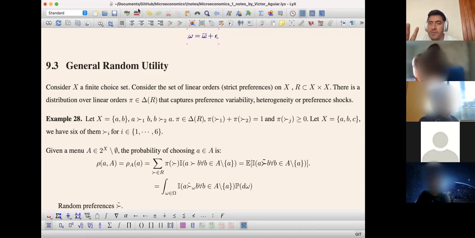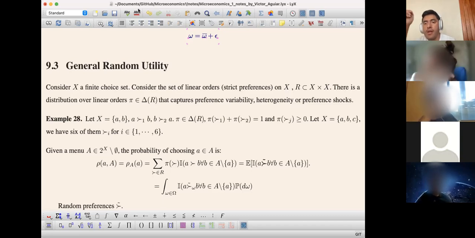So if I have two alternatives, the number of rankings is going to be 2 factorial. What is 2 factorial? It's 1 times 2, so 2 rankings. If I have a choice set with 3 alternatives, the number of possible rankings is 3 factorial, which is 1 times 2 times 3, which is 6, right? So it's 6 possible ways of ranking. This is the way I can compute the number of rankings. For 2 alternatives, I have only 2: in the first ranking, A is better than B, and in the second ranking, B is better than A.